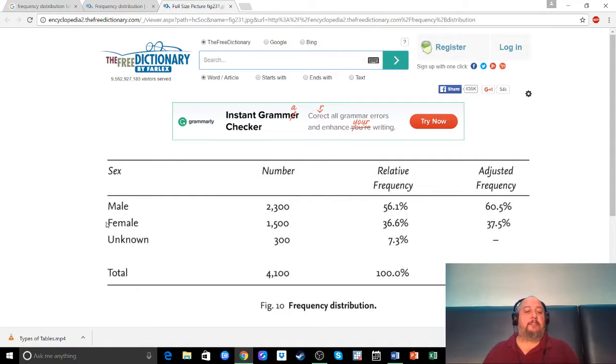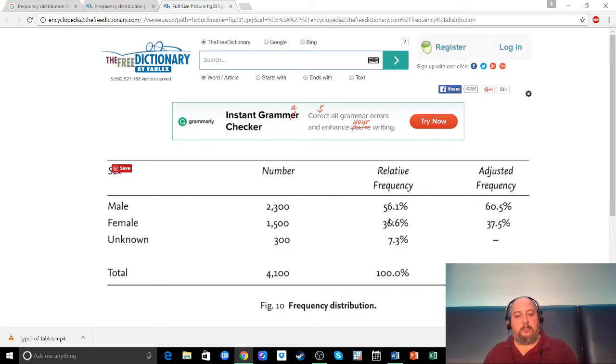And there would be more than just probably male and female. There might be transgender or LGBT or something like that. But what they have is a variable title called sex. You can be male, female, or unknown. They use the phrase number instead of frequency, but it's still the same column. Here are the numbers. And then they use the terms relative frequency and adjusted frequency. Well, look at the difference.